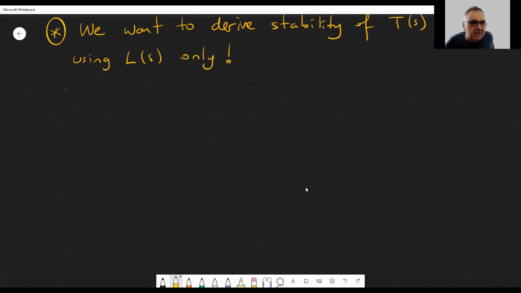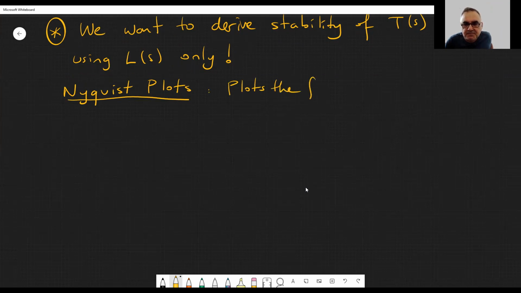We said that there are the Bode plots and there are the Nyquist plots. These are the complements of the Bode plots. The Nyquist plot basically plots the frequency response in one plot.